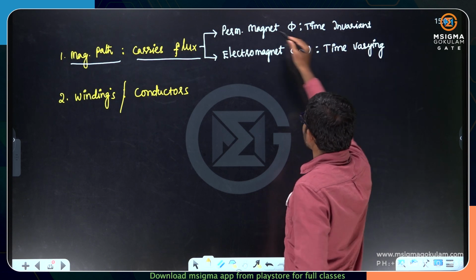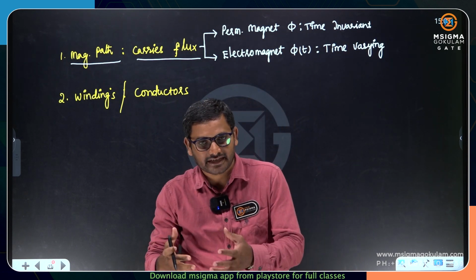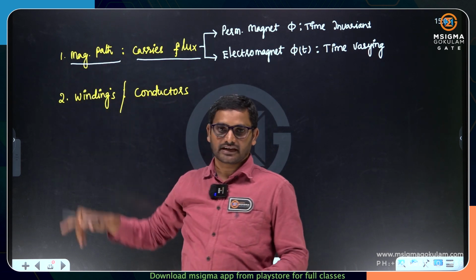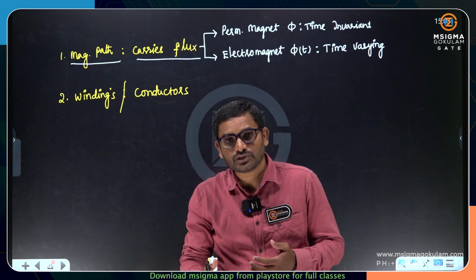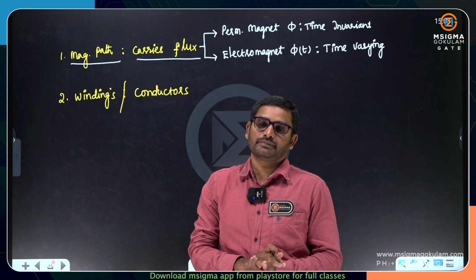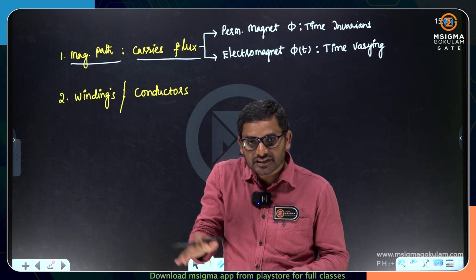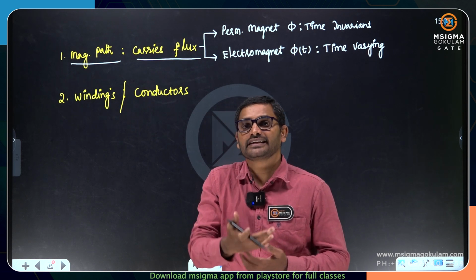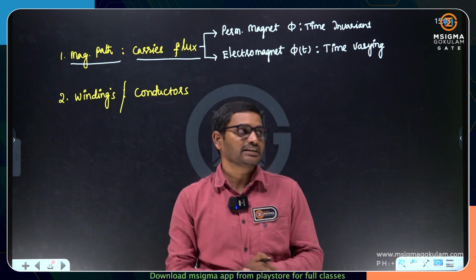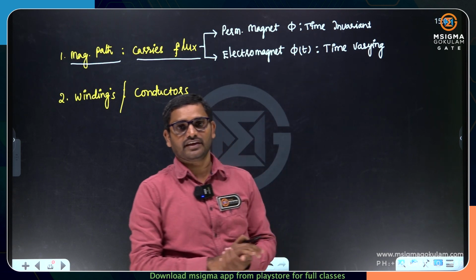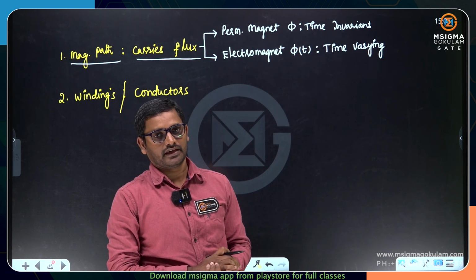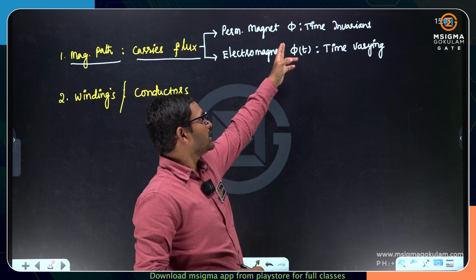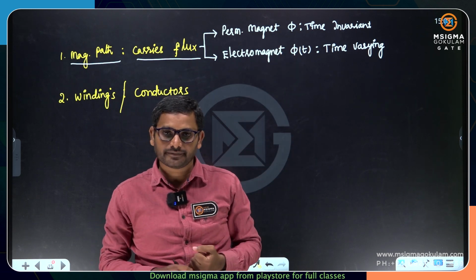Okay. So if you use a permanent magnetic path in the machinery, the flux establishment is on its own, it will be developed and it doesn't change with respect to time. That's why I have written it as time invariant. If you use a permanent magnet, what will happen?